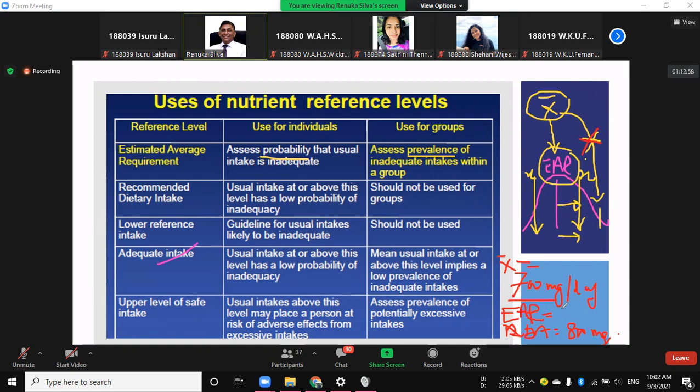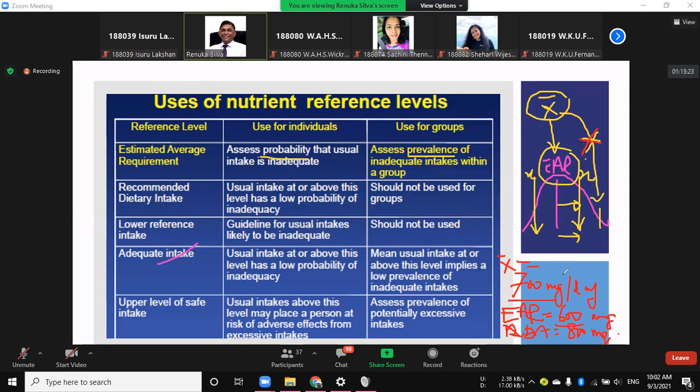given by the WHO. Let's say that this is 600 milligrams. So this class is consuming 700 milligrams. EAR is 600. So you are above the EAR. So then you have a better chance of getting nutrient adequacy.